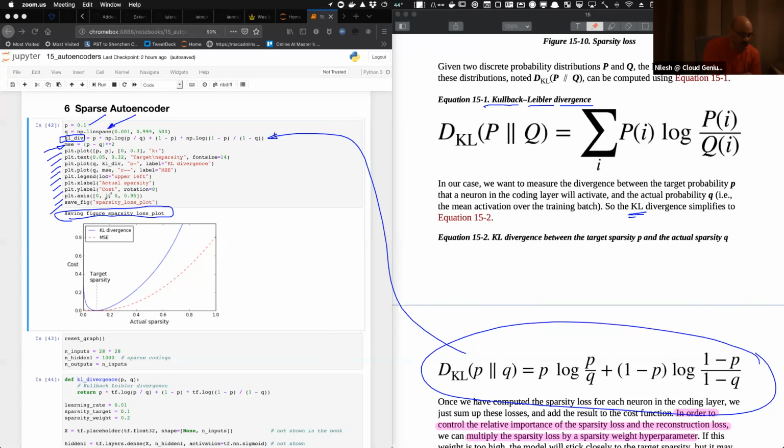This is what you see, comparatively speaking, the mean square error and the KL divergence error, which is this line, and that MSE is that line. And this is your actual sparsity versus cost function calculation. So we are just trying to compare how the two look, to help you understand the difference in the two approaches to estimating error or divergence.